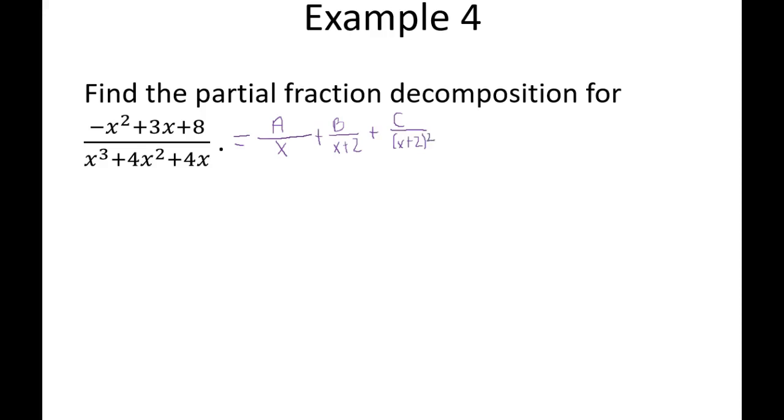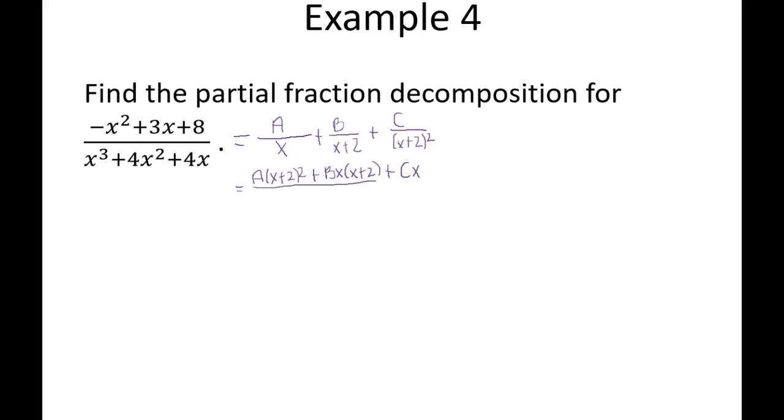Okay, now what we're going to do is get a common denominator over here on the right hand side. So that's going to give me a times x plus 2 squared plus b times x plus 2 plus c times x.